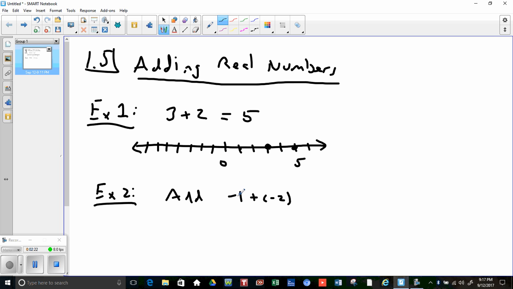So that means I'm going to start at -1, which is here, and then I'm going to add -2. Adding -2 means I'm going to go 2 spaces more to the left. 1, 2 more. So if I'm at -1 and then I go 2 more spaces to the left, I'm at -3. All right, hopefully that's making some kind of sense to you guys.